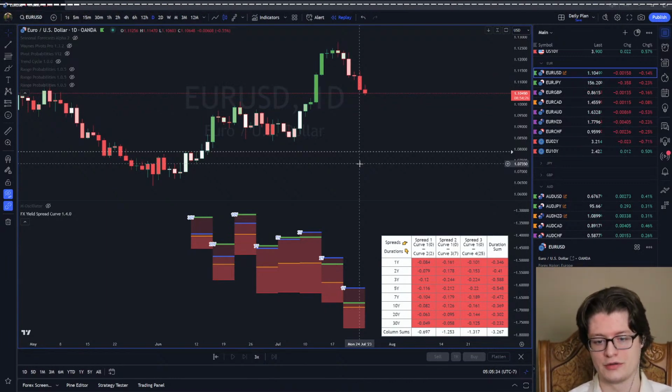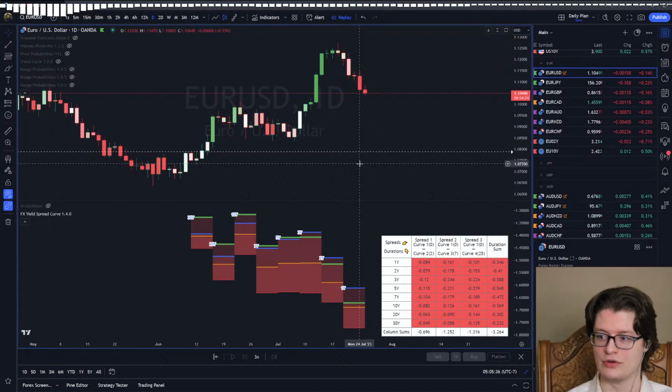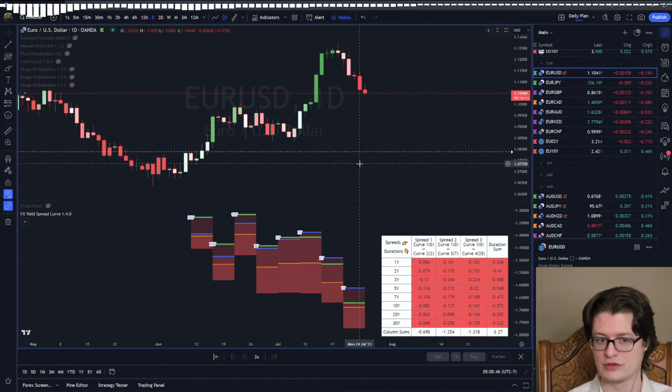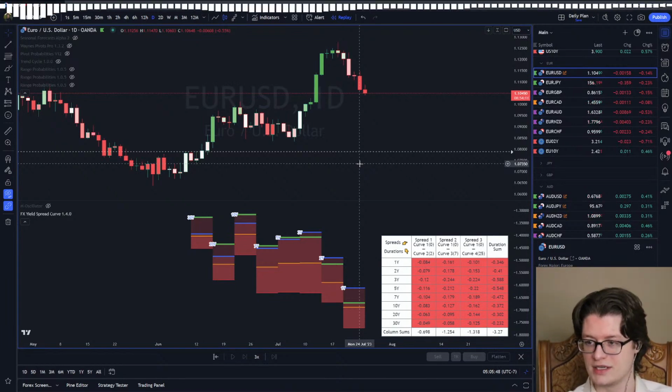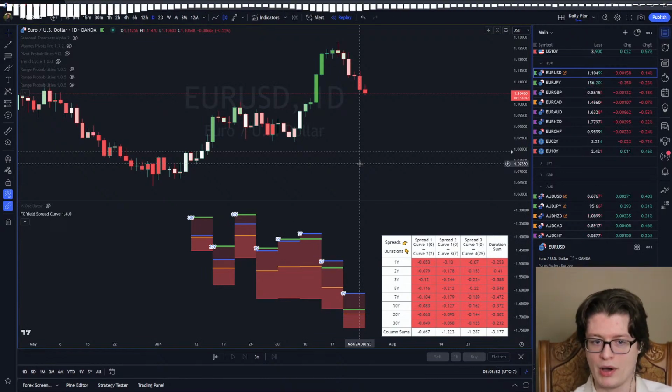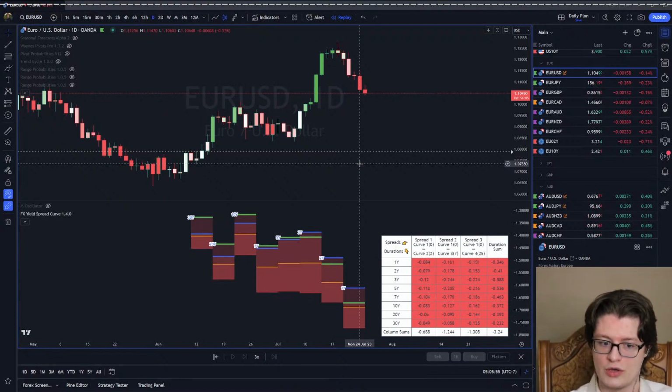There are a lot of people who pretty much exclusively use this as their indication for how to trade, because effectively what they're doing in this indicator is looking at how the bond markets are moving in one country relative to another.